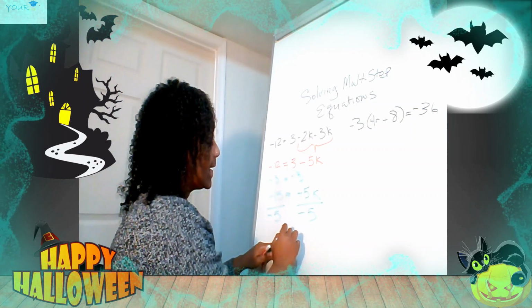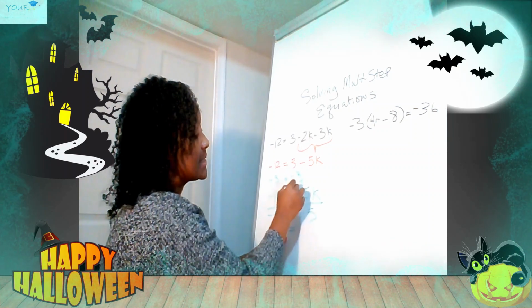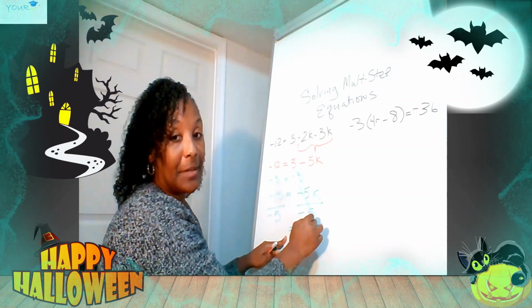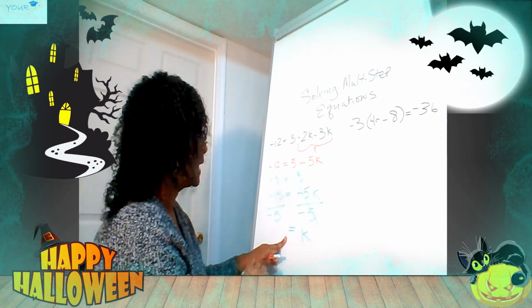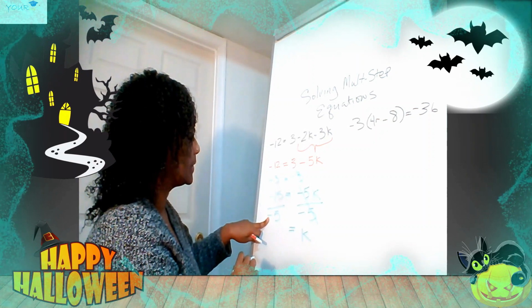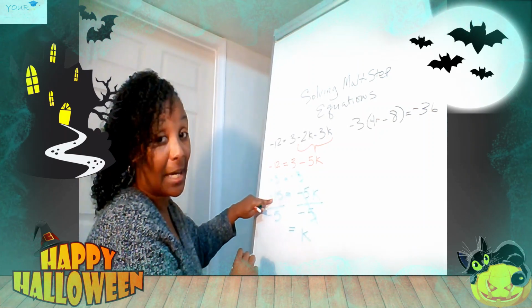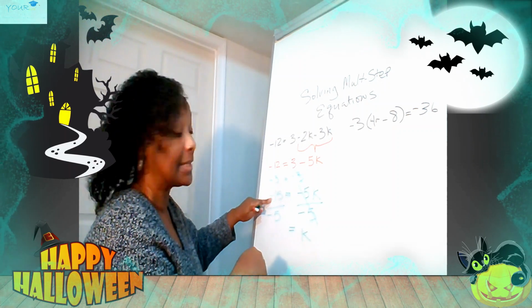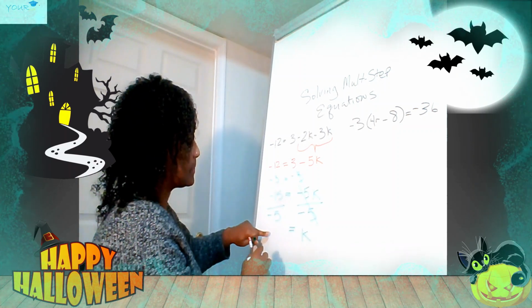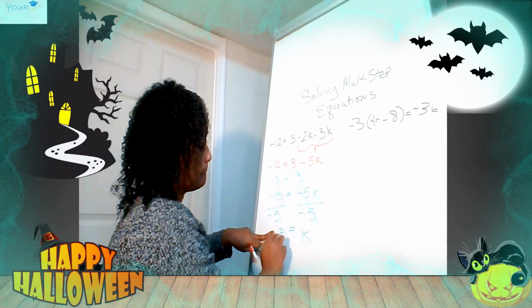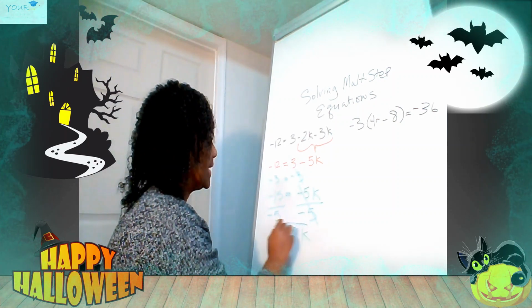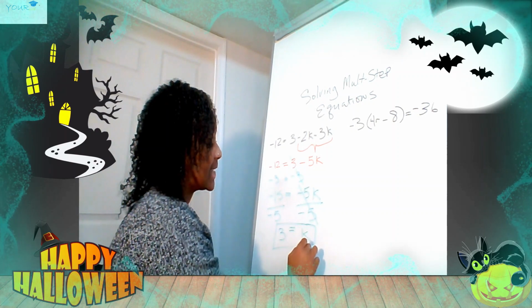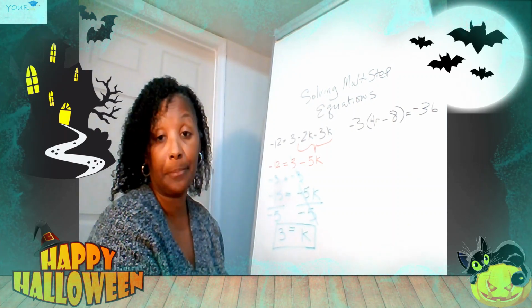When I divide by 5, this allows me to eliminate the negative 5 here, leaving me with k. And then negative 15 divided by negative 5 leaves me with a positive 3. And so my answer for this is k equals 3.